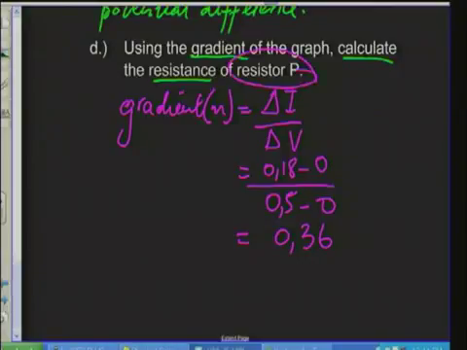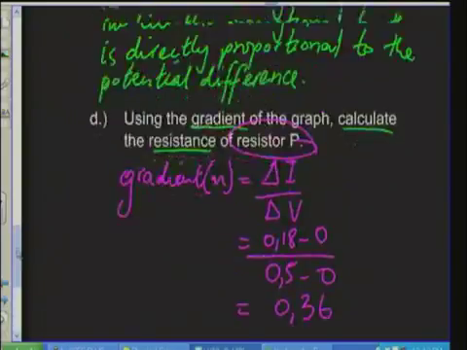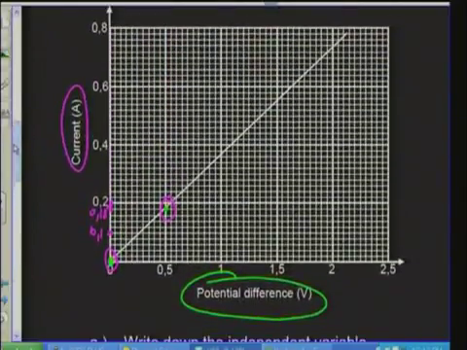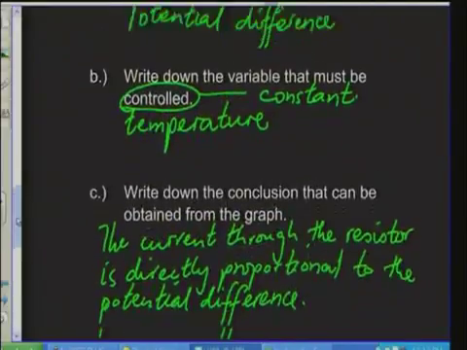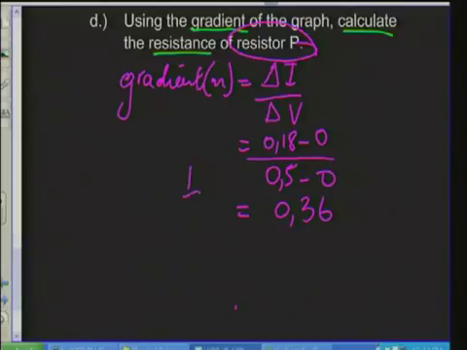What we are doing is to use this gradient to find the resistance of P. So if we have a situation like this, and I need to emphasize this, where you've got current on the vertical axis and potential difference on the horizontal axis, to find your resistance you're going to invert the gradient, because this is 1 over R. So your R will be 1 over 0,36.